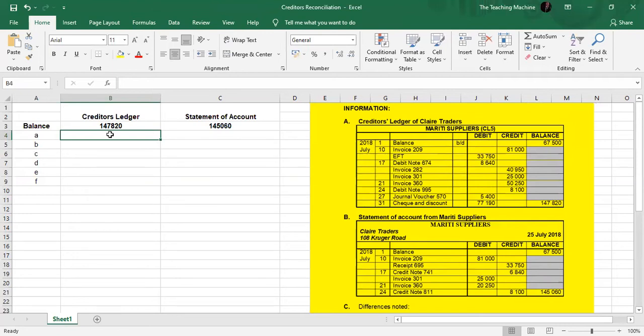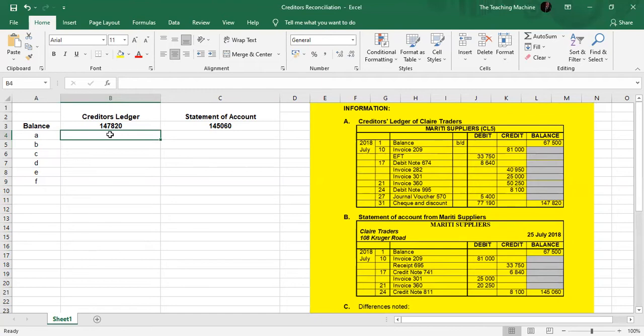Okay, so now that we know that an error was made on the ledger, are we going to add or subtract? Now, let's discuss this. A debit note in the creditor's ledger means we have returned goods to the supplier. So our account needs to be debited, which means it needs to be decreased. So when you overstate returns, you are decreasing the amount that you're supposed to pay. We have overstated a return by 1,800.